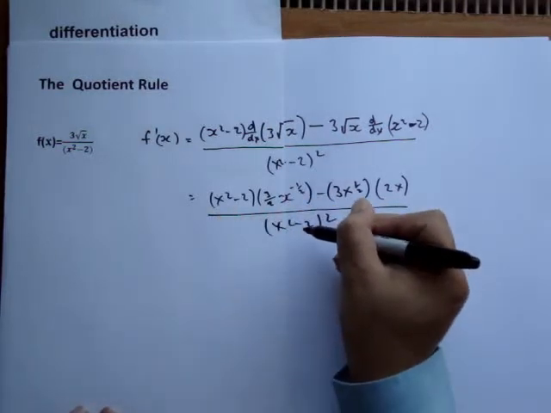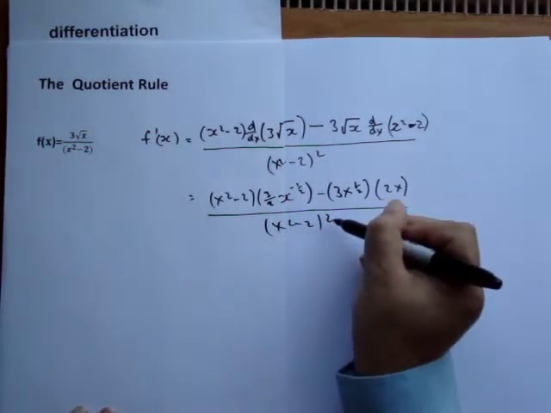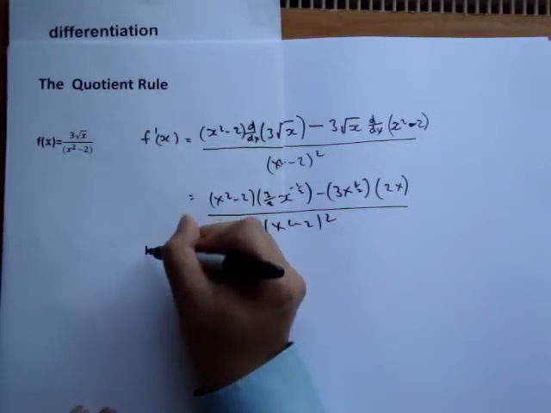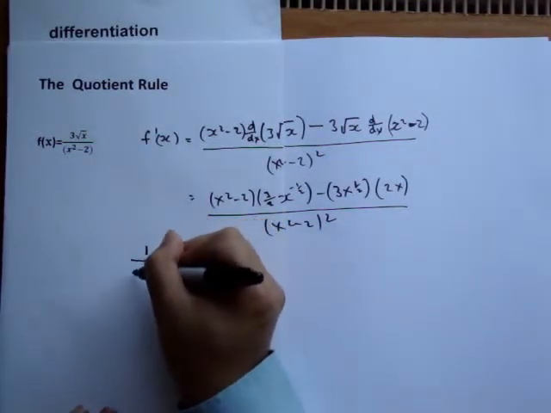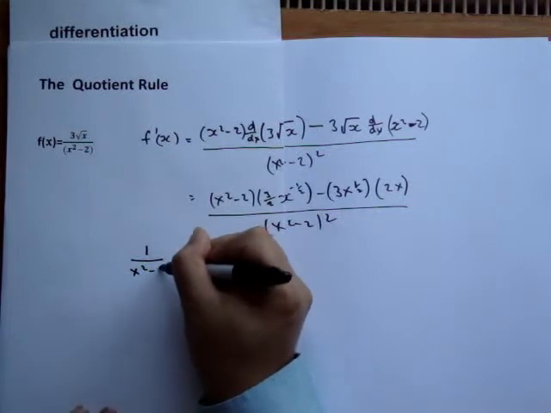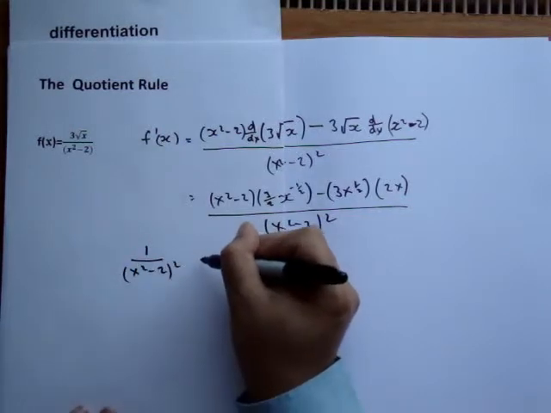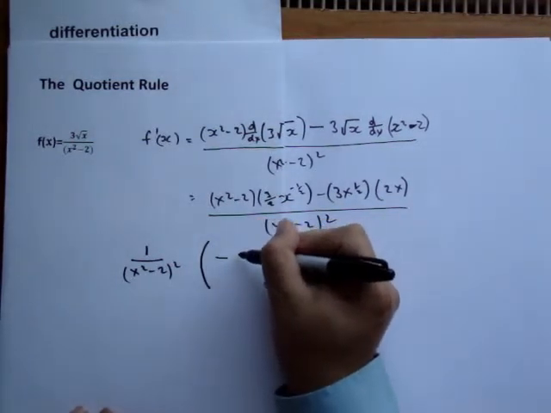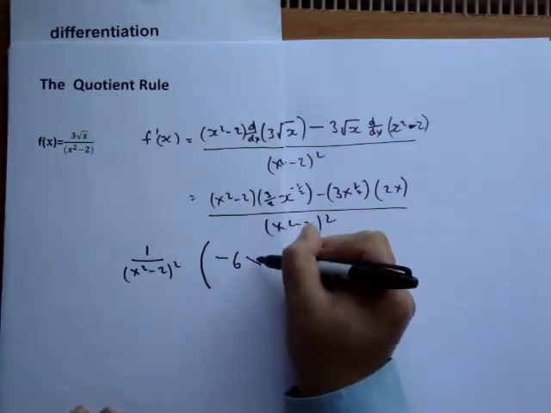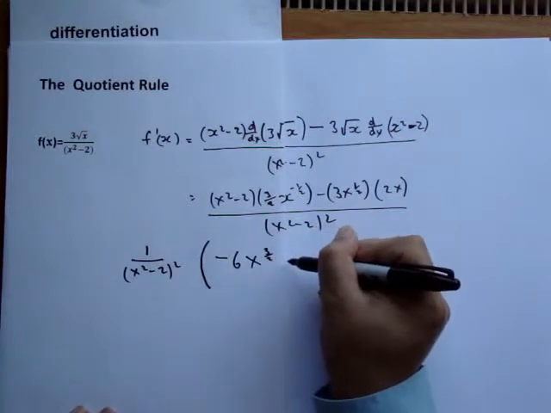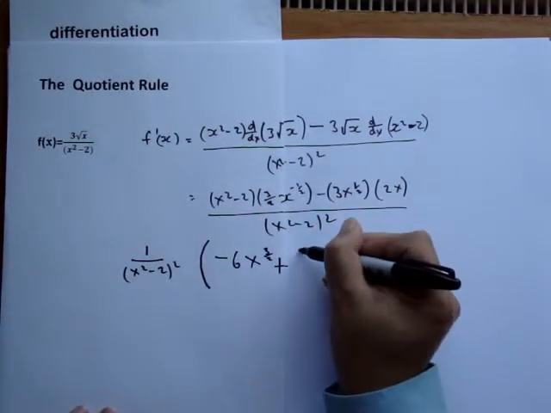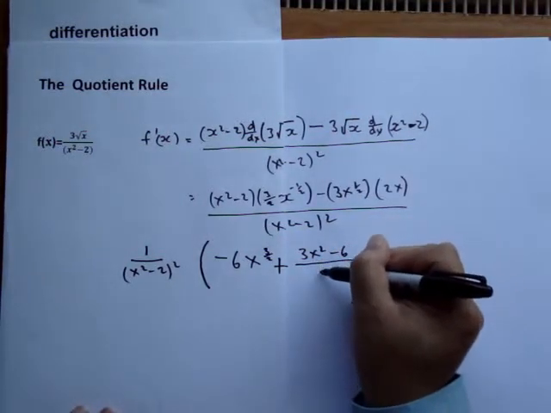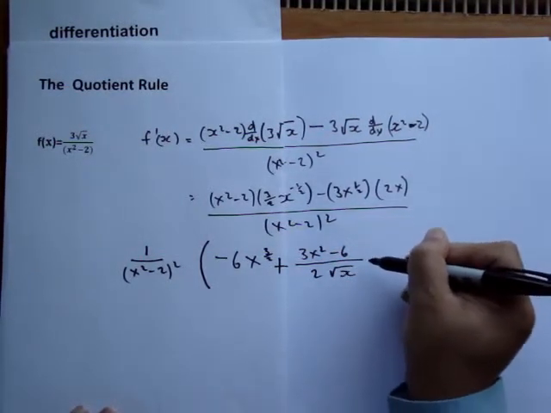So when we take the x squared minus 2 squared out, we can write that as 1 over x squared minus 2 all squared multiplied by minus 6 x to the power 3 over 2 plus 3x squared minus 6 all over 2 root x.